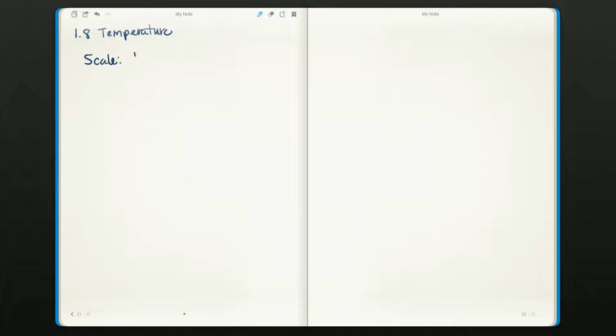The first is Celsius. A degree C is the symbol, and that's the metric unit for temperature. Kelvin is next, with a capital K as the symbol, and that's the SI system.